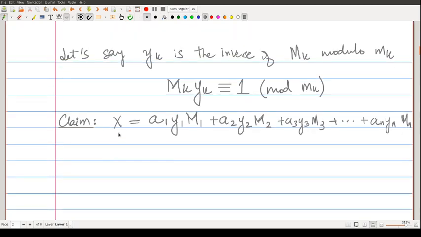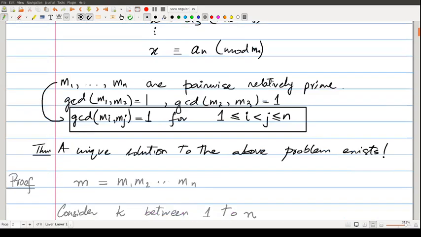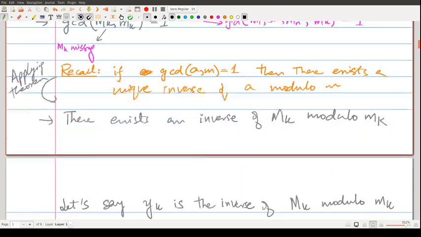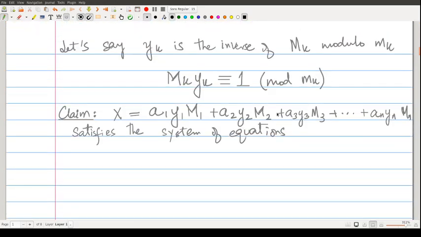My claim is that this x satisfies the system of equations that we created here. Let's call this system 1.